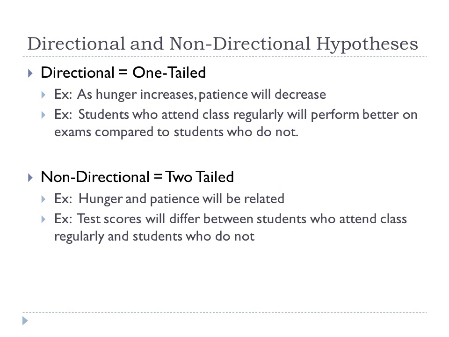Similarly, if we talk about our second example, if we say that test scores will differ between students who attend class regularly and students who do not, we are making a prediction about a relationship between the same two variables as above, but because we're not predicting which group is going to be bigger than which other group, because we're only predicting that there's going to be a difference between the two groups, then the hypothesis is supported regardless of which group does better on the test.